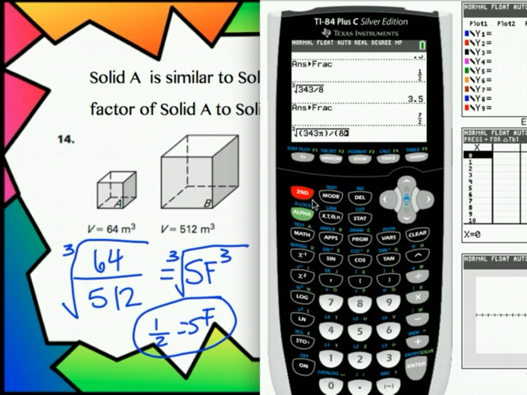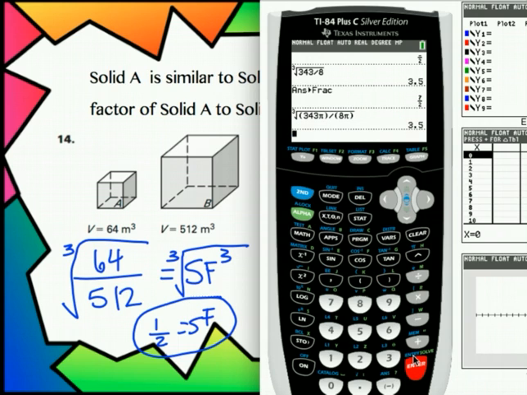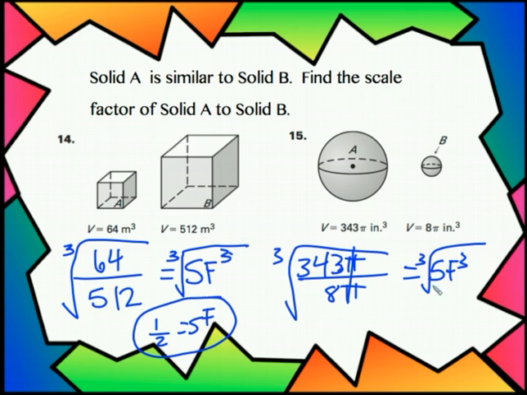Second pi. Oop. Didn't mean to do that. Okay. Then you should get the same answer. Math enter, you'd get 7 over 2. So 7 over 2 is your scale factor. That's really good handwriting. Okay.